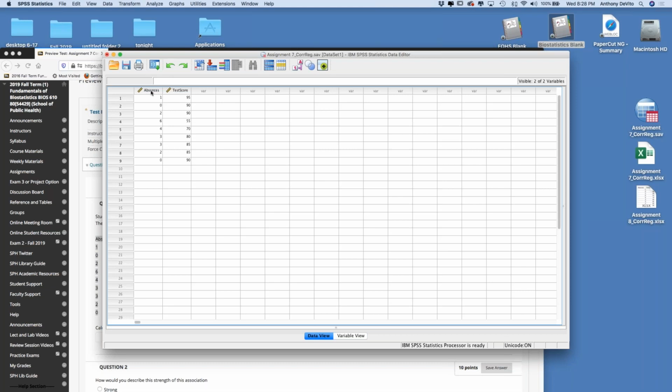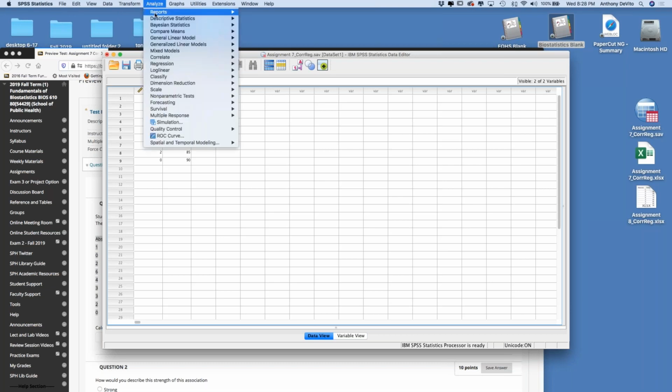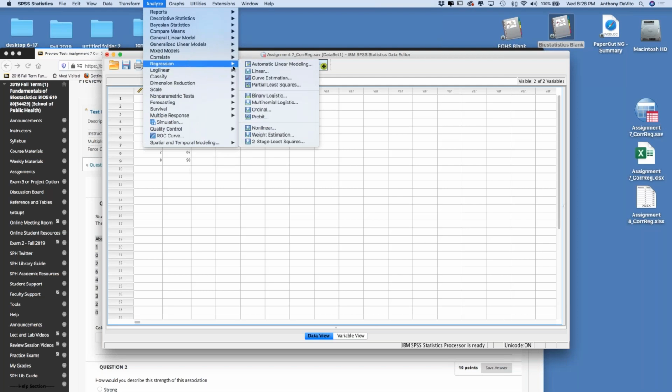Independent variable, dependent variable. Predictor variable, predicted variable. That's the way I'm looking at this. So now that gives me impetus to go to the next step and try to evaluate how strong this relationship is. And for that, I'm going to use regression. Analyze, regression, linear.